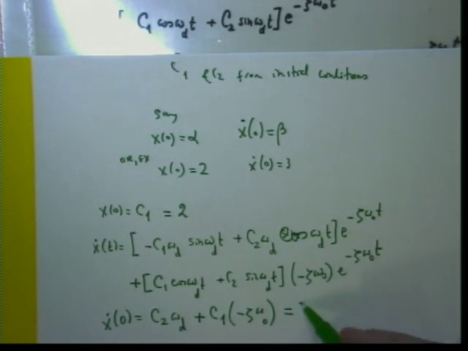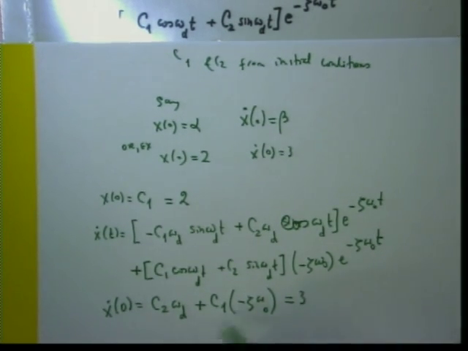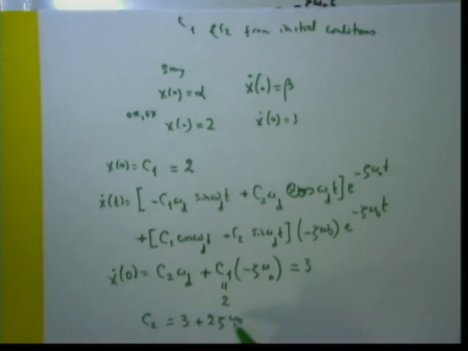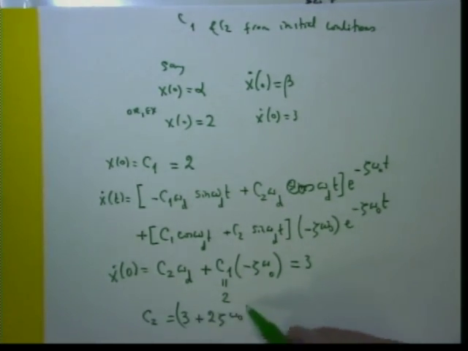Now this is 3, I said. But C1 is 2. So I get C2 equals 3 plus 2 zeta omega sub 0 divided by omega sub d. So I found C1 and C2. I just considered a very specific case.